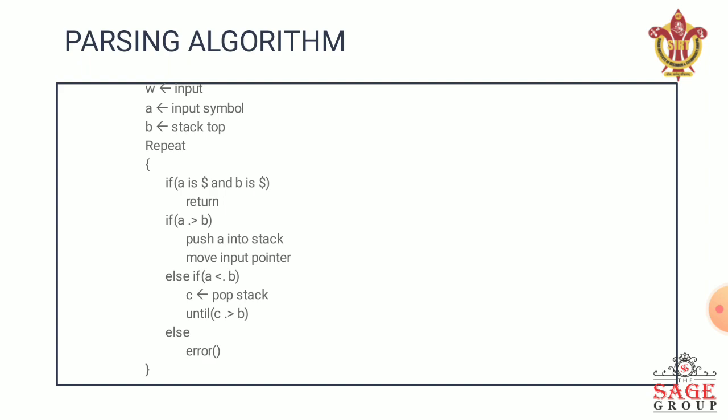Else if a is greater than b, then pop the stack until the popped symbol is less than b, else error. So we use this algorithm to check whether any input string is valid or not.